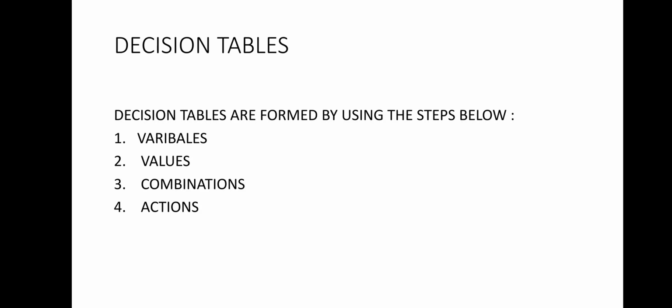So decision tables work on Boolean logic, as I have clearly explained on the whiteboard in the class, so you can understand what I am saying. Even the don't care conditions are included in it. So this is again one kind of black box technique.